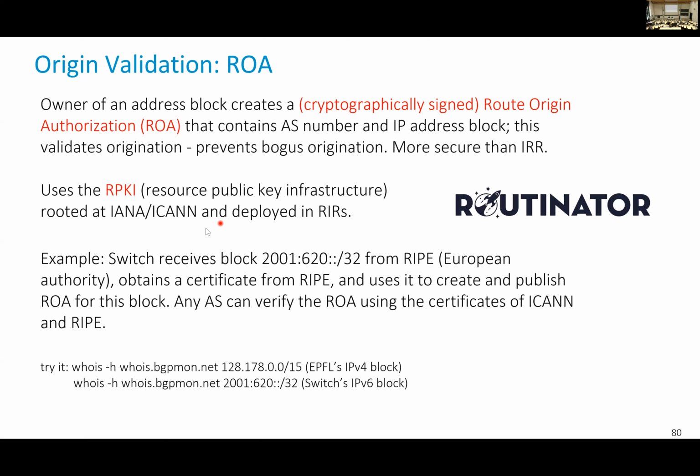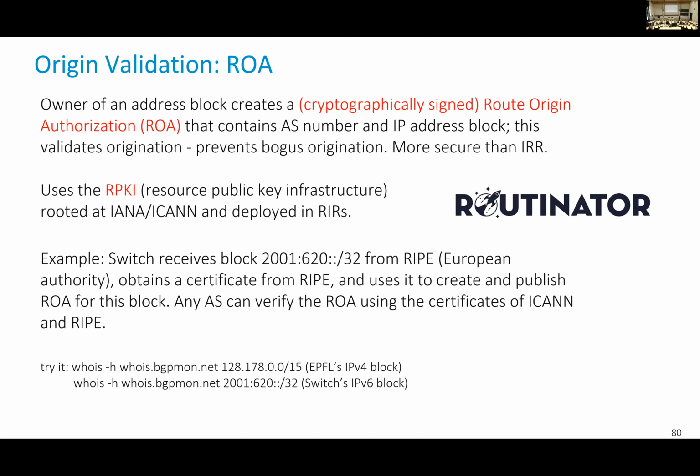Here it is ICANN that guarantees the validity of the root certificates, and then by delegation, the local registries here. With that, what is called the route origin authorization, that's the equivalent of the certificate for e-banking that guarantees who is the origin of this prefix.